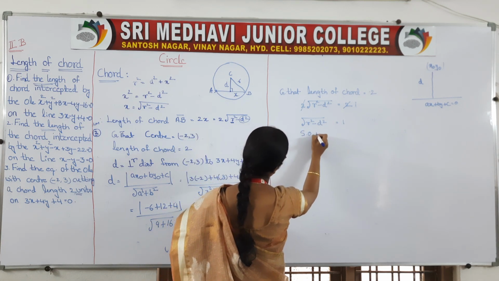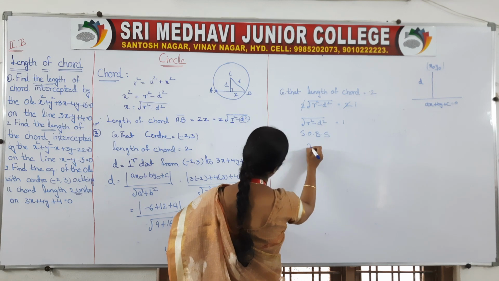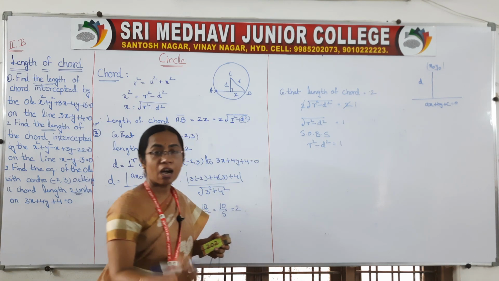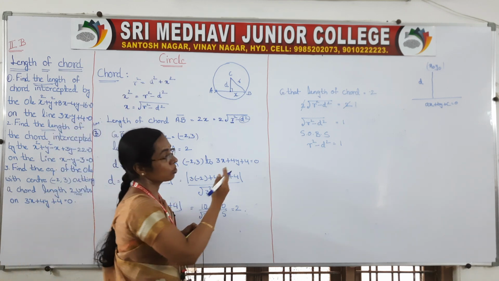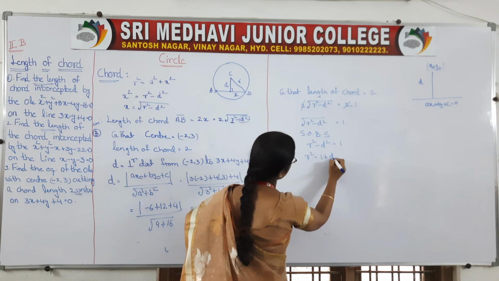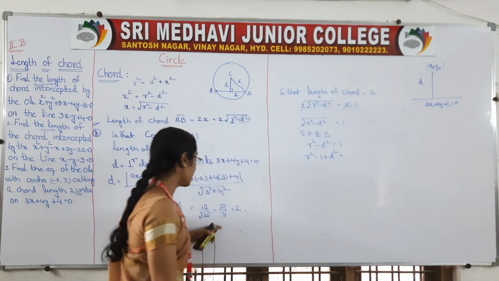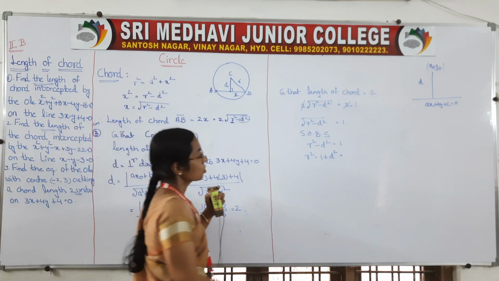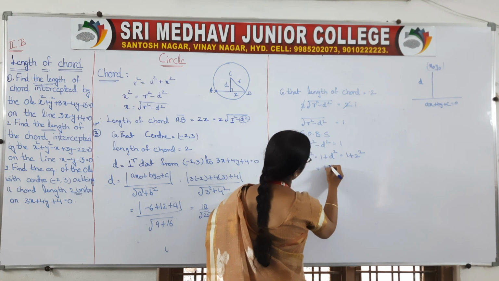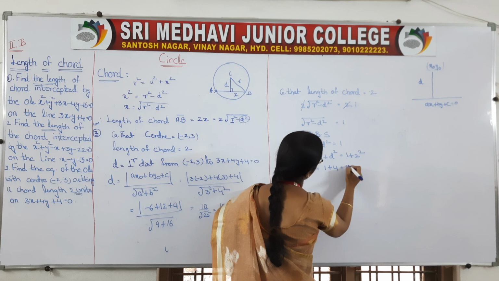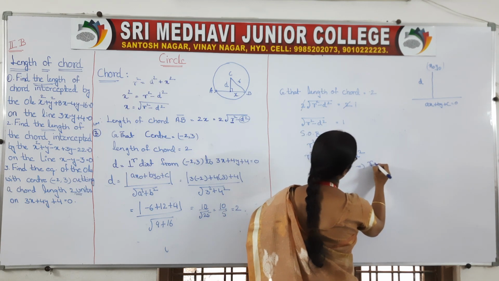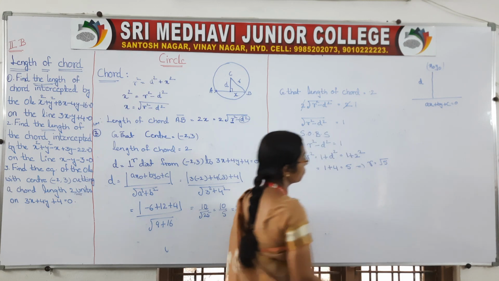Squaring on both sides, what happens? R square minus d square is equal to 1. Our requirement is r, so r square is equal to 1 plus d square. We got d is equal to 2, so substitute: 1 plus 2 square, so 1 plus 4 is equal to 5. So r is equal to root 5.